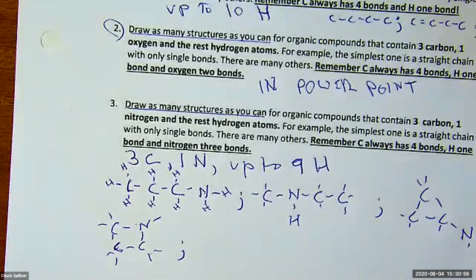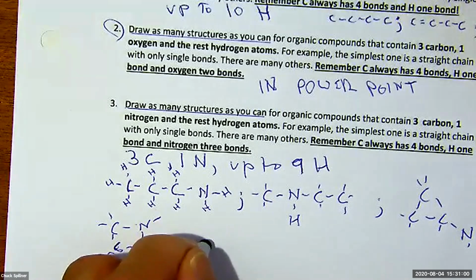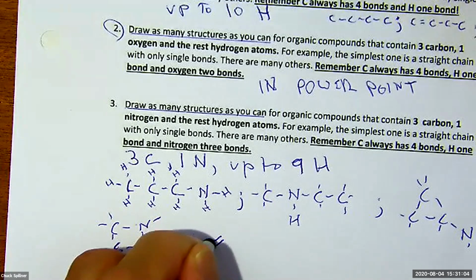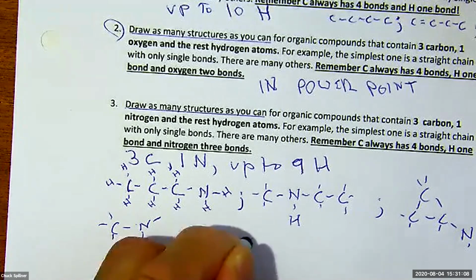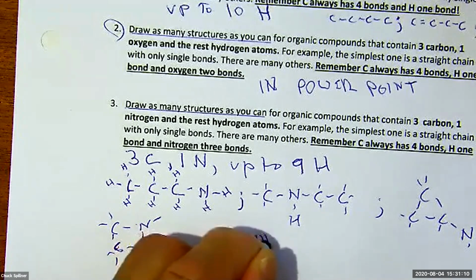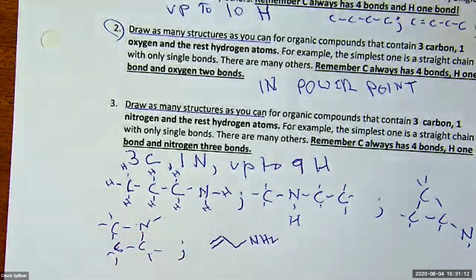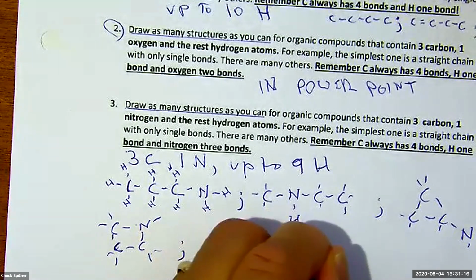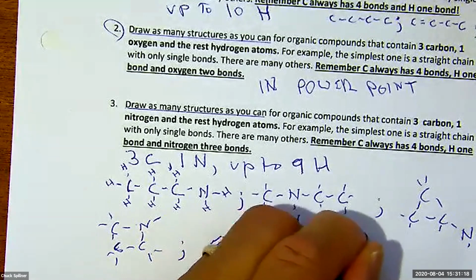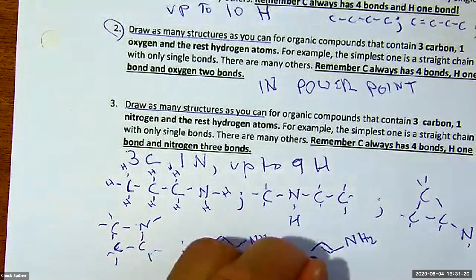Well, then I can do all those same structures again and put a double bond in there. So I could do the carbon like this. I'm going to do a skeletal structure. So like that. So there's my 3 carbons, and then I put my NH2 here. So there's another one. I could put the double bond in the middle like this, and then put NH2. And here I made a trans molecule.